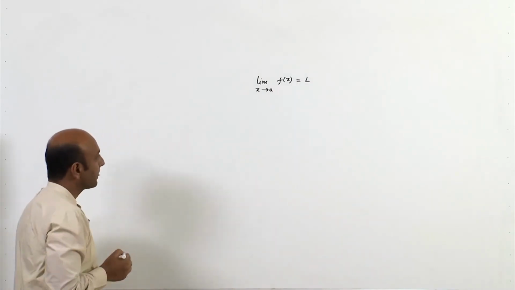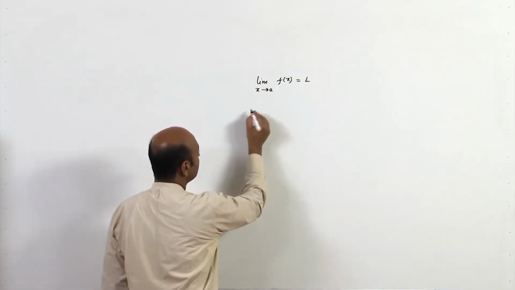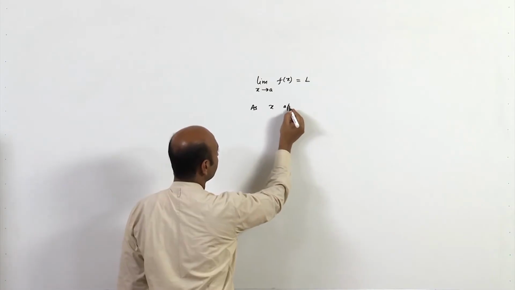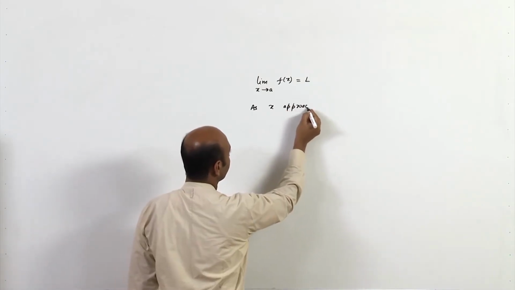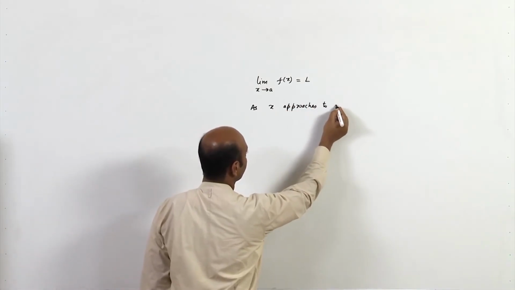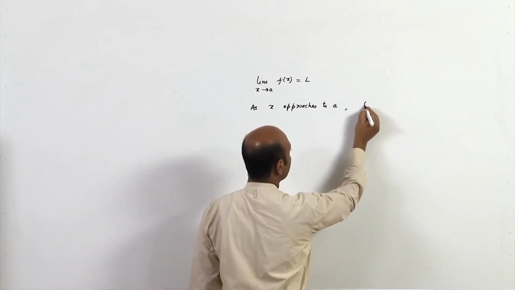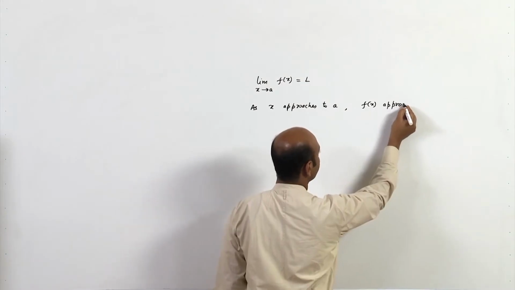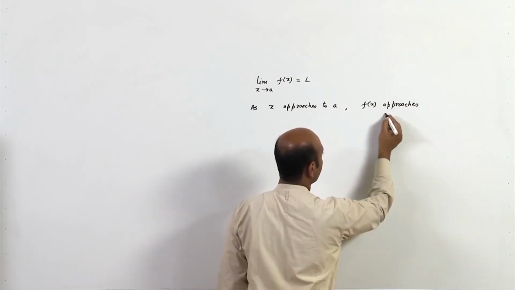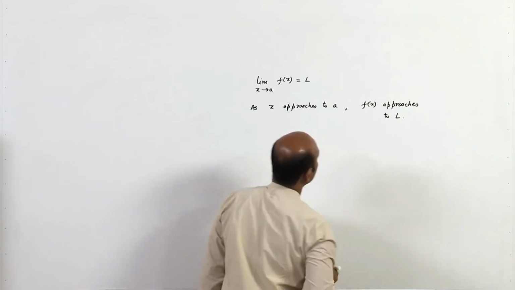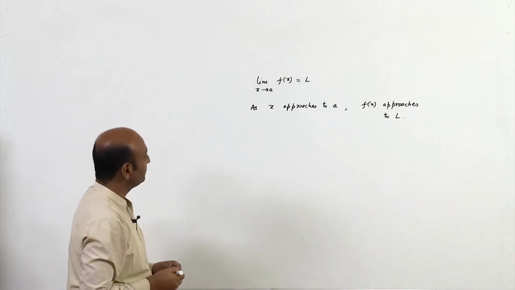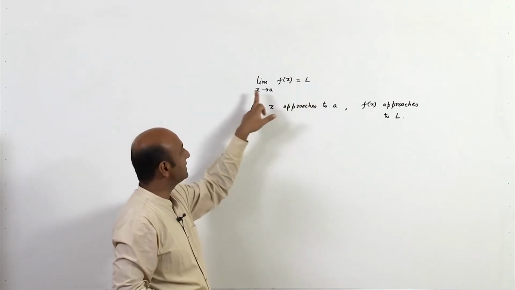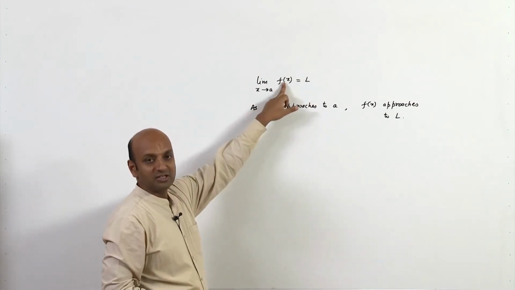It means that as x approaches a, f x approaches L. Roughly speaking, when we say that limit x tends to a of f x equals L, this means as x tends to a, f x tends to L.